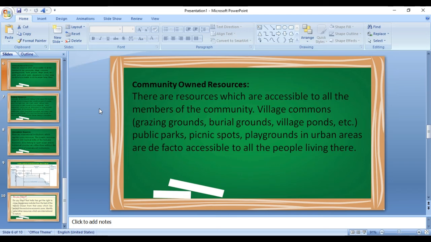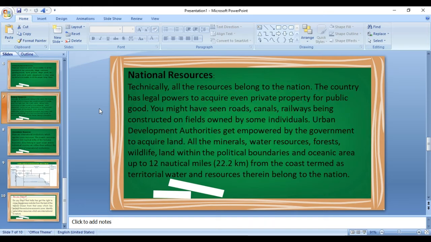So these by default are accessible to everyone. If one person wants to take benefit of that village pond, nobody can stop him, right? Or grazing land, nobody can stop him, because that is allowed by the government or that community to everyone living in that vicinity. So that is community owned resources, right?